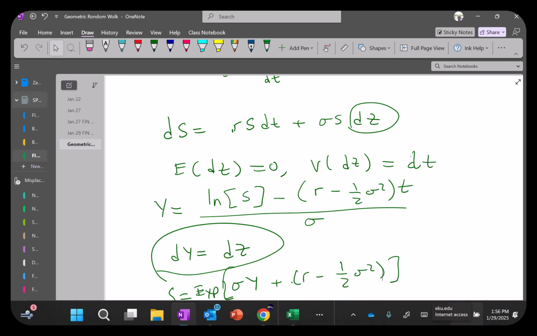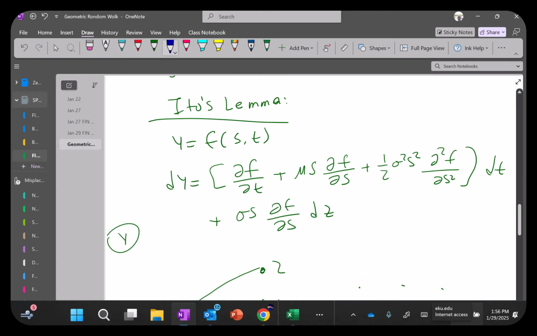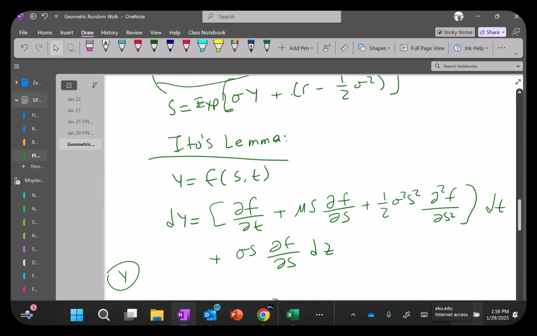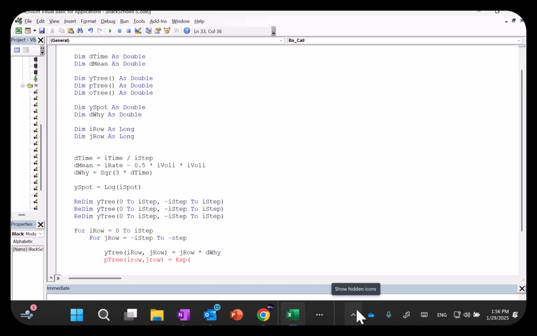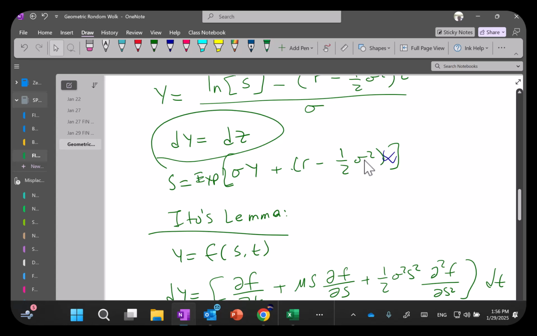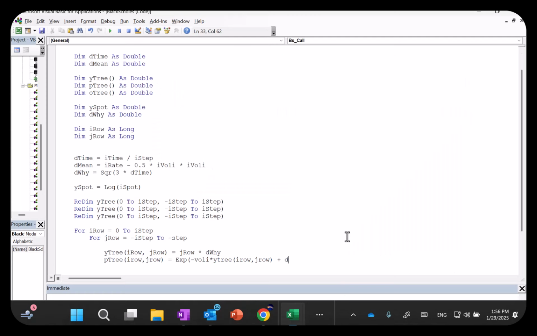There should be a t in here. So I volley times y3 I row j row plus, we call that d mean times t.